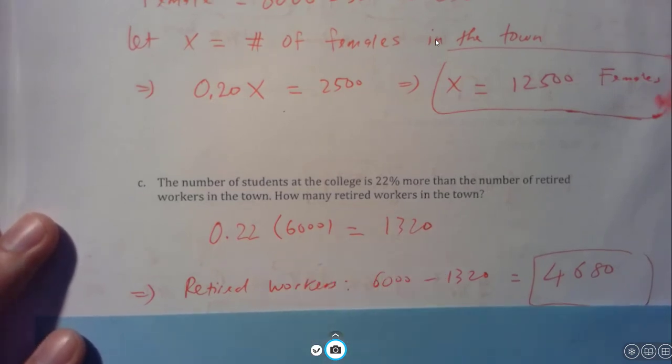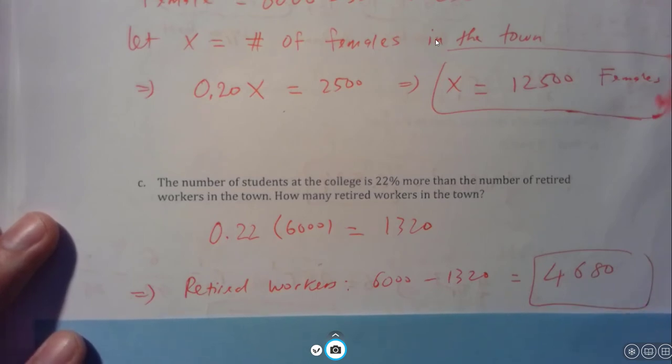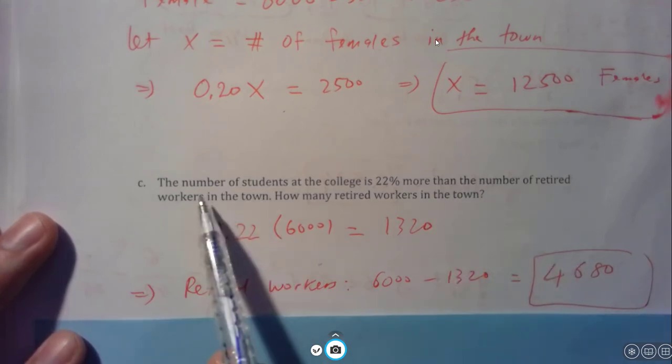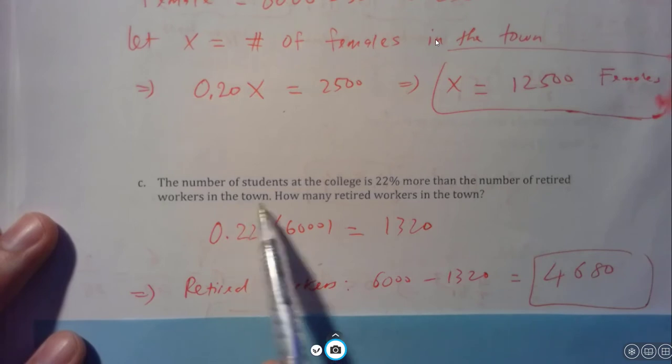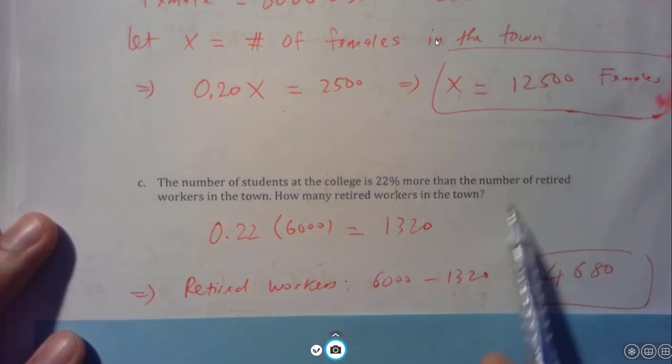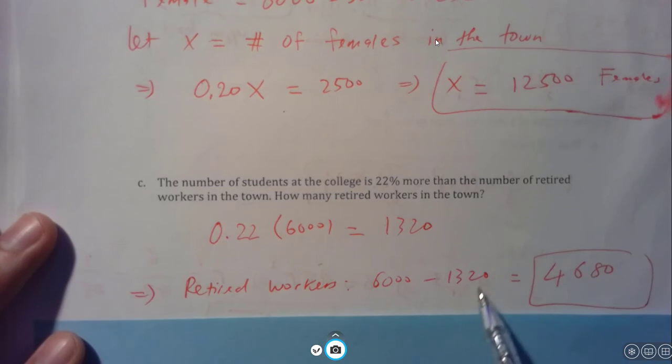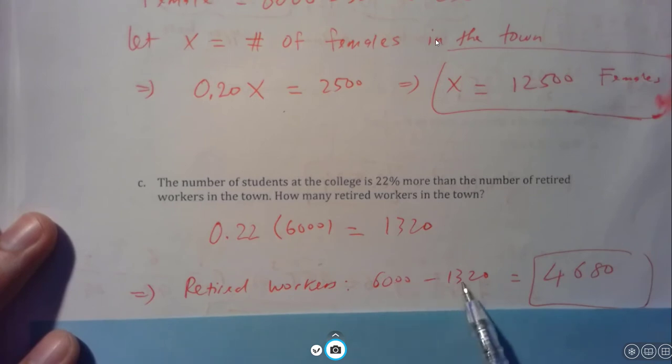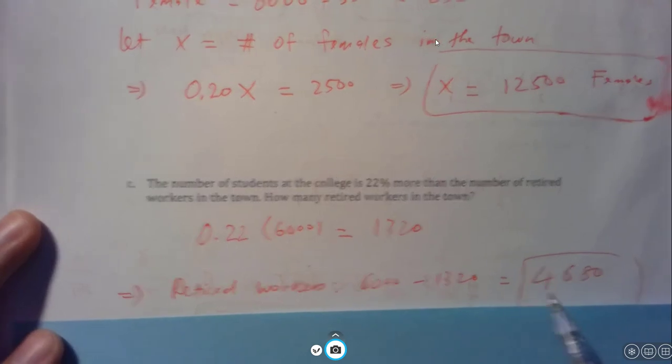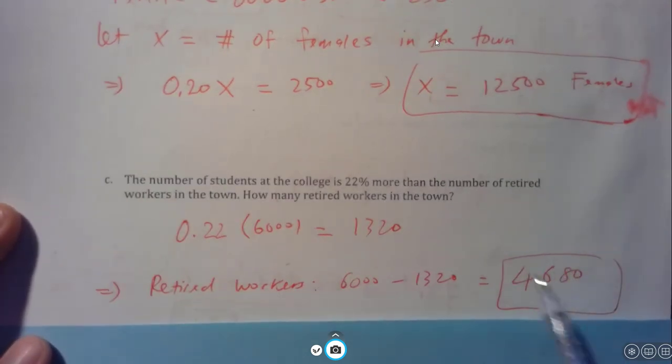So we know that the retired workers in the town is 22% less than what the college has. So the college has 6,000 people. So we subtract 22% of that, and we get the amount of the people that are retired.